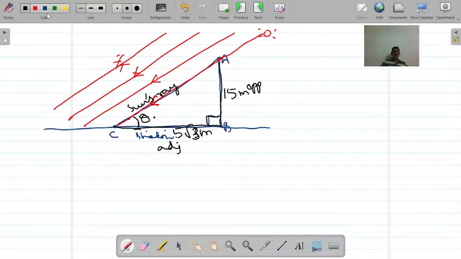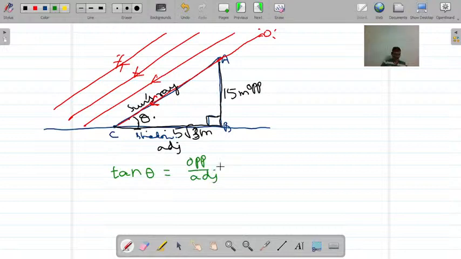Can you say? It is either tan or cot, because tan is opposite by adjacent, cot is adjacent by opposite. You can choose any one of those two. Here we take tan and the angle theta is equal to opposite upon adjacent.